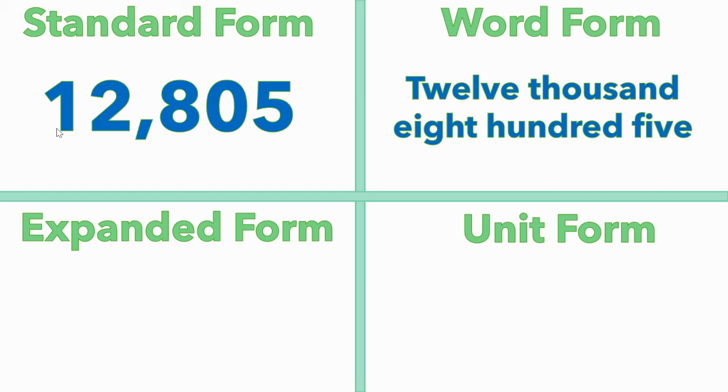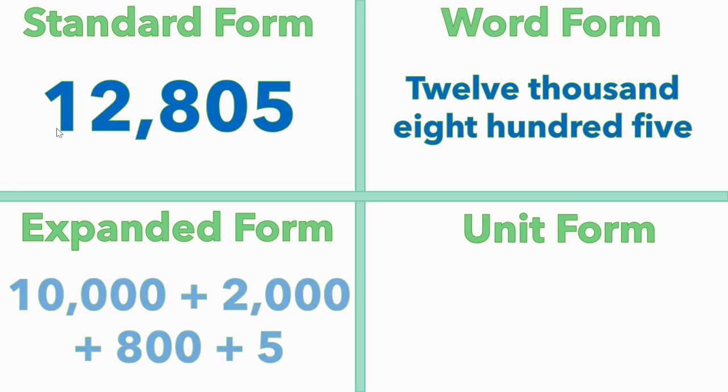Now we're going to write this number in expanded form, which is where we stretch it as far as it can go. Remember, there's 2 ways we can write expanded form. Here, we can just add each of the place values. So we have 10,000 because a 1 is in the 10,000s place, plus 2,000 because the 2 is in the thousands place, plus 800 because the 8 is in the hundreds place, plus 5 because the 5 is in the ones place.